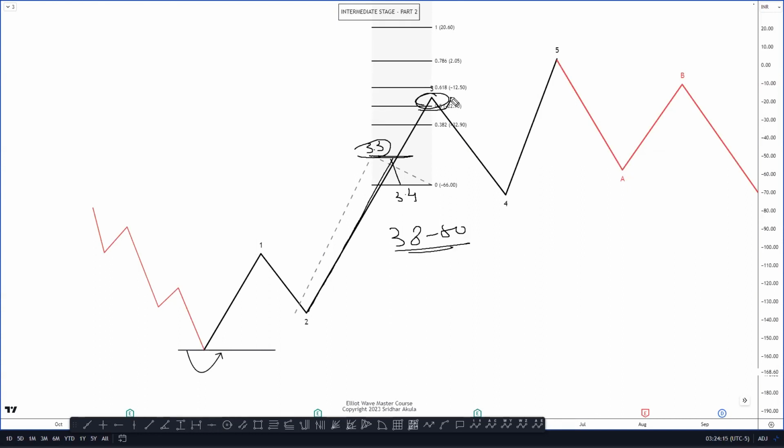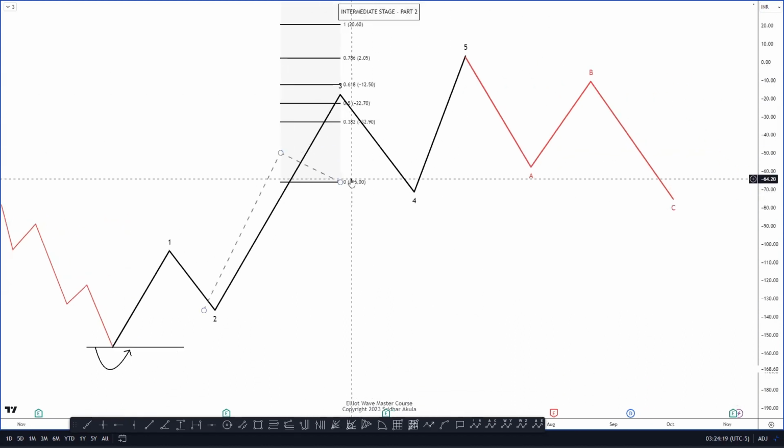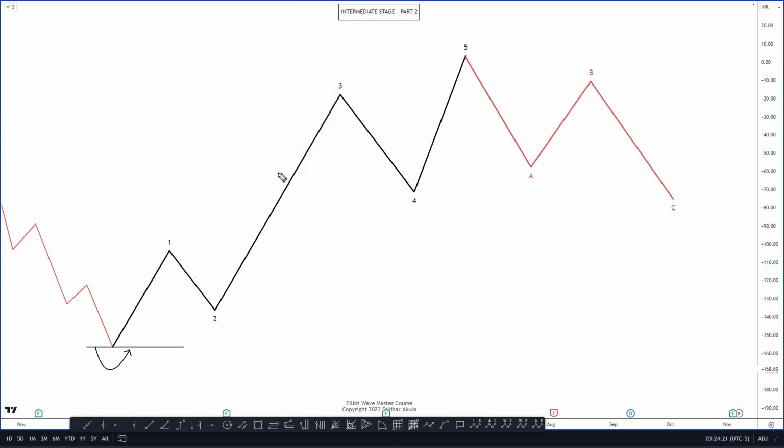And then you calculate wave 3.5. Now, similarly, in your wave 5, you let wave 5 go, calculate 5.3, 5.4, and then assume that you are calculating 5.5. Here, if you are able to calculate 5.5, you will know the exact top in the market.